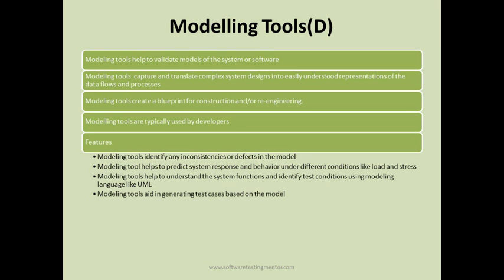Since you have modeled the software, you can see the model and the flow of the software, and then figure out the test cases based on that model. That will help you to design better test cases for the complete process.